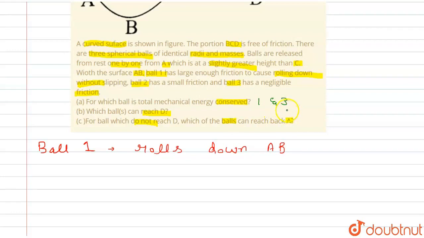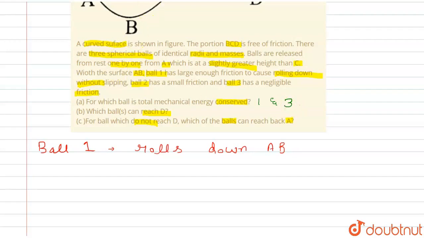Now a small friction in the case of ball 2 involves some dissipation of energy.